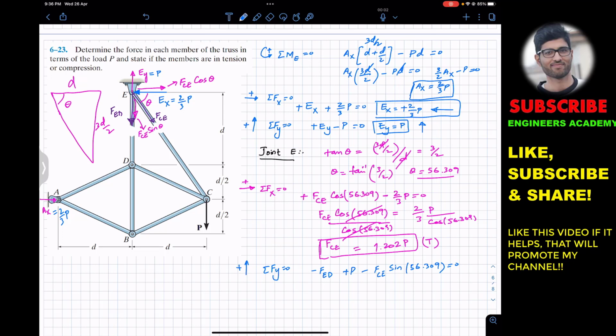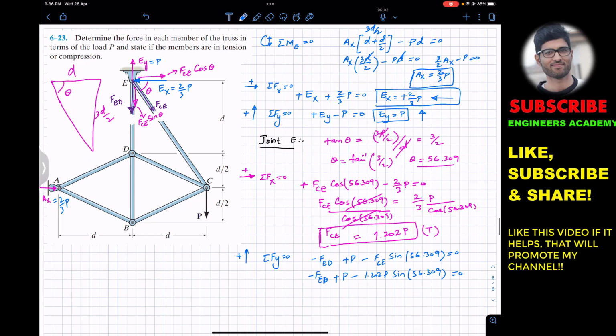Now we can write minus FED plus P, and now FCE is known, which is 1.202P, sine of 56.309 equals to 0. If I bring this FED to the other side of the equation, we will have FED equals P minus 1.202P sine of 56.309.